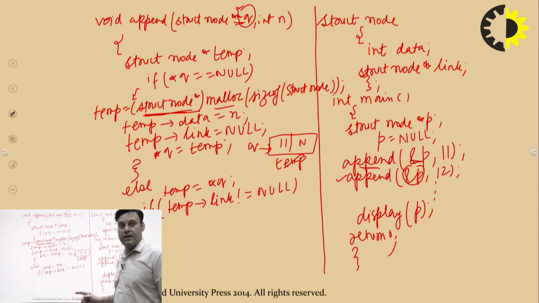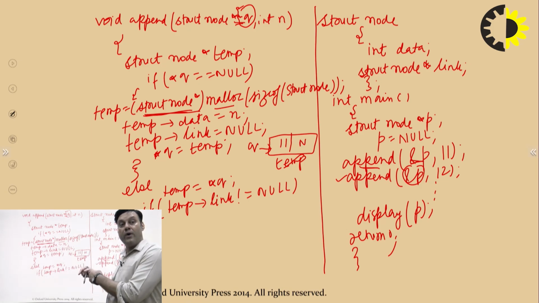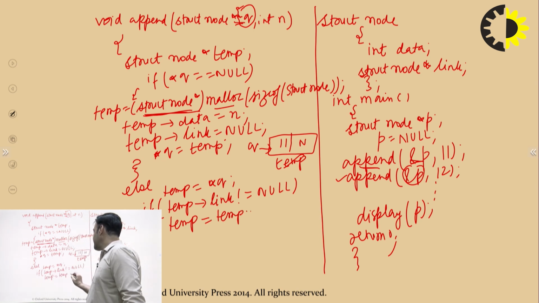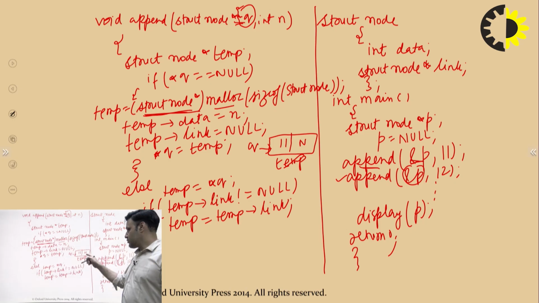If not equal to null, then I have to move forward, because append means I have to add a node at the end. Then temp is equal to temp link. We will increment the value of temp. Okay? If this is not the first node.